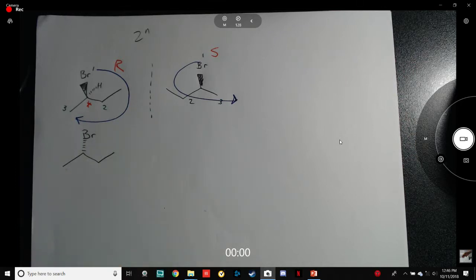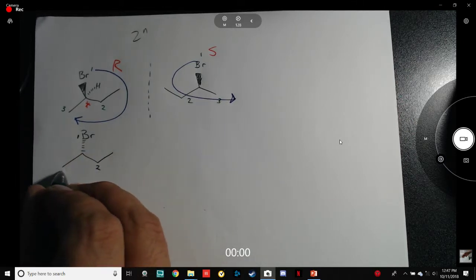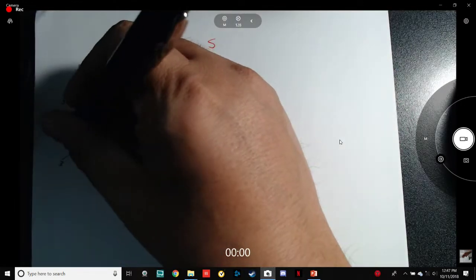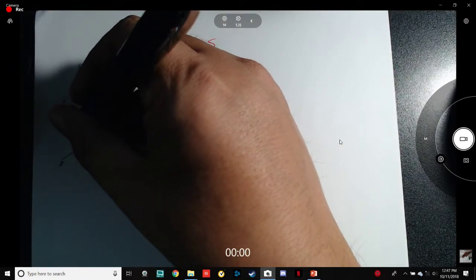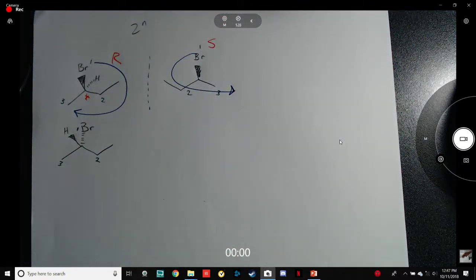To check if you're right, we can still go ahead and do our designations. It's going to work out the same way here, where this is 1, 2, 3. Notice here now that the implied H is coming towards us, so you're actually looking at it backwards now. I've seen textbooks do this the hard way, but I am a fan of the easy way.